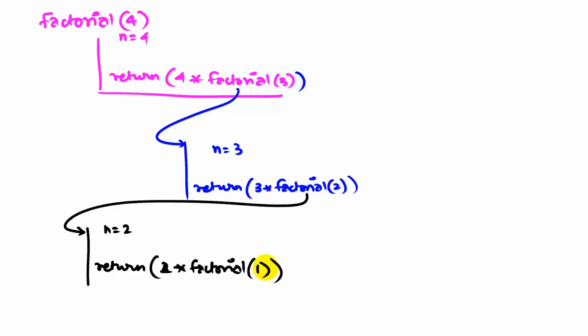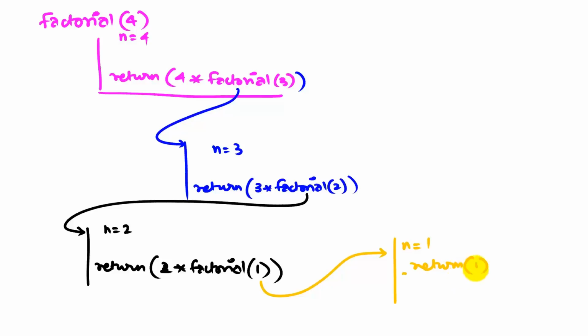At this point, our call is going to result in n equals 1, which will hit the base case because n equals 1, which will return a value which is 1. So now let's see what happens.